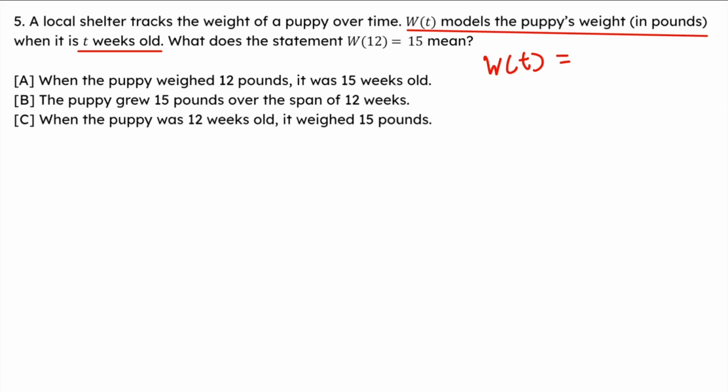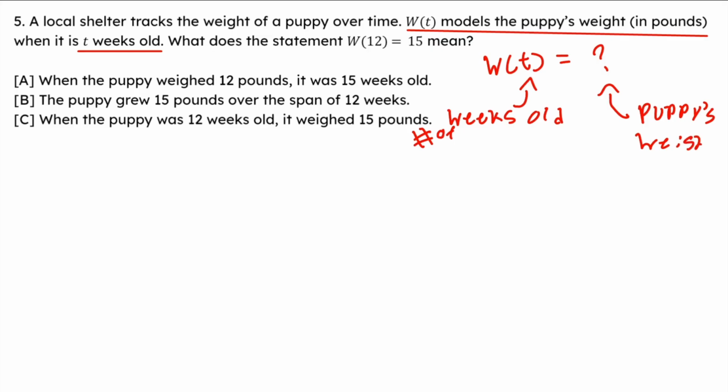So if we're thinking about W of t, I'm just going to use a question mark. Our input t is how old it is, so number of weeks old. And then our question mark is going to be what is equal to the puppy's weight in pounds. Okay, now we're given an equation right here.